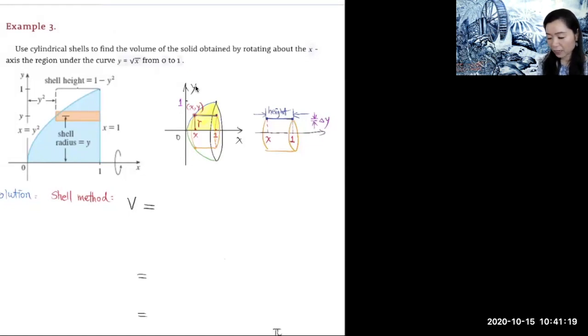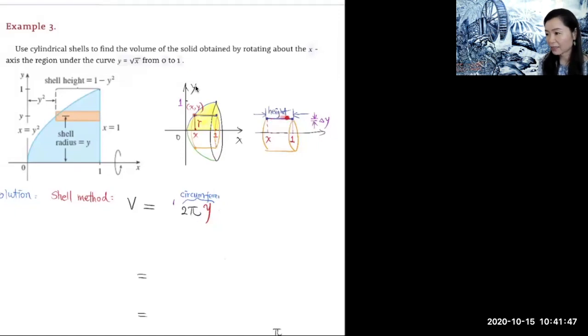So that will be the circumference, which is 2 pi times the radius. The radius over here is going to be the y coordinate of this point, so it's 2 pi y. The height for this shell, remember when you put the shell sideways, this way, corresponds to the height.